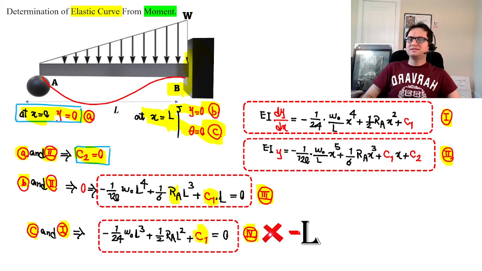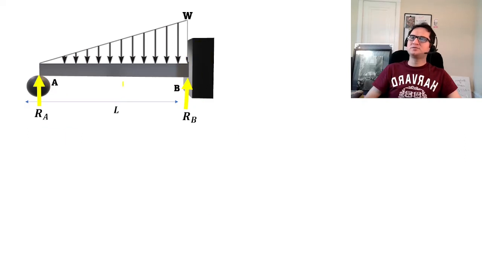Now we can easily see that if we multiply equation 4 by negative L, we can cancel out C1 from both equations and get Ra, because this is indeterminate by 1 degree. So let's see how that goes.